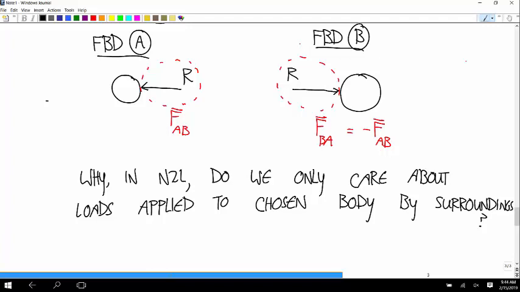The answer is that the internal loads, which are also loads applied to the chosen body, and you might think at first that you have to add those in, always occur in equal and opposite pairs at the same location because of Newton's third law.